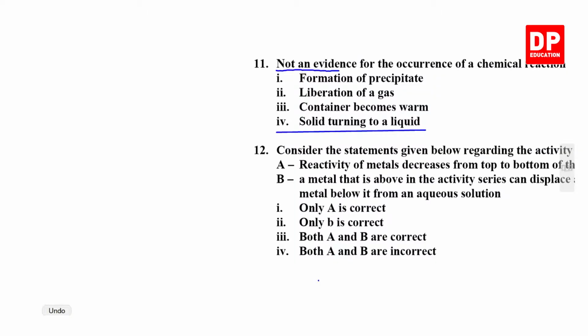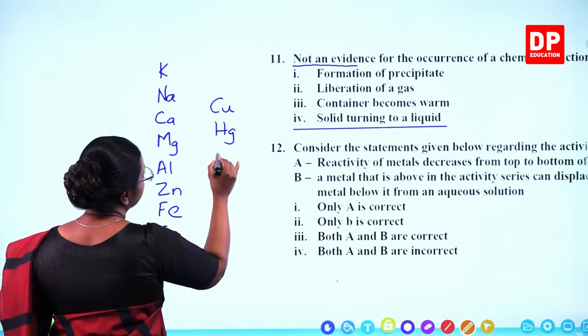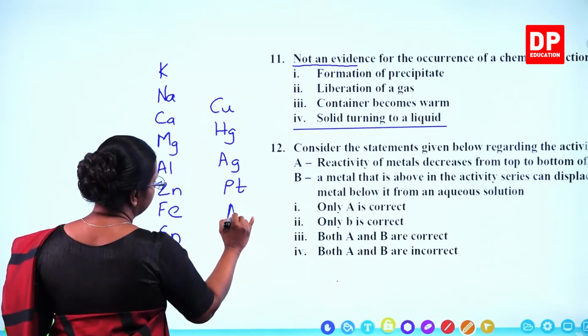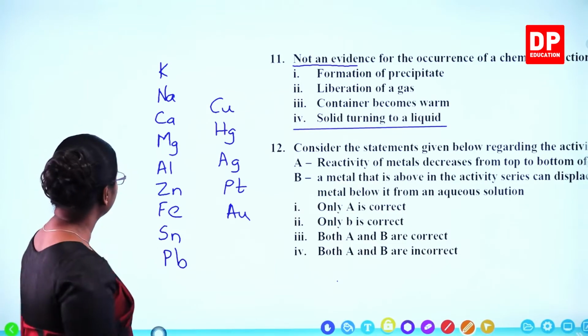We start with potassium, then we have sodium, calcium, magnesium, aluminium, then we have zinc, then we have iron, tin, lead, then there is copper, mercury, then we have silver, platinum and gold. I am sure you can remember this order.